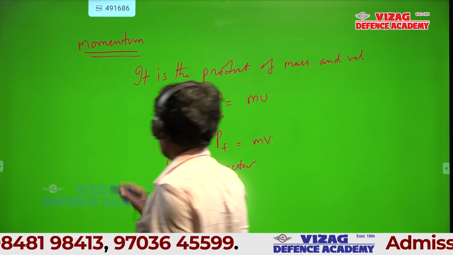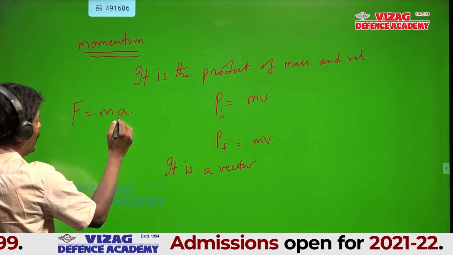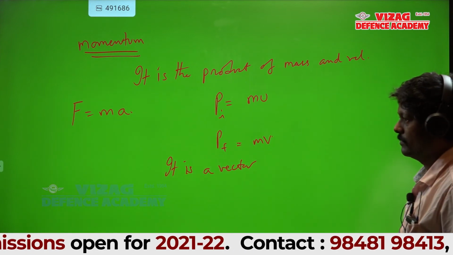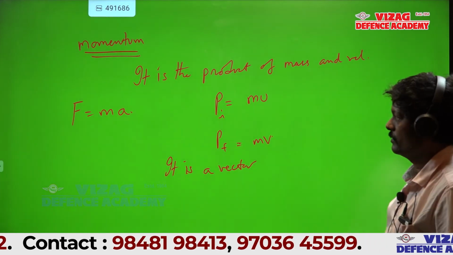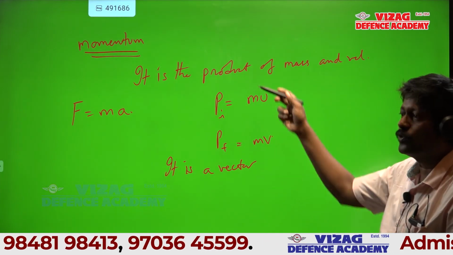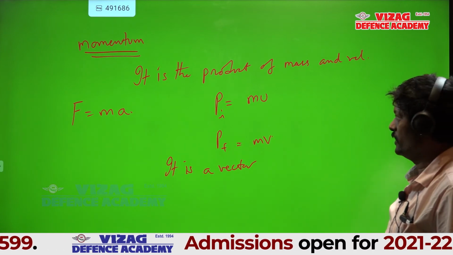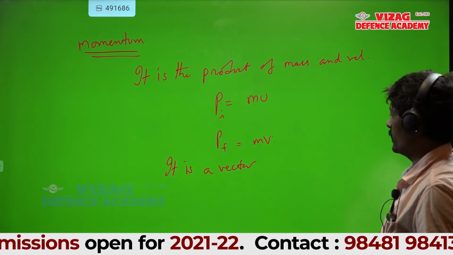For example, you see F equal to ma. Acceleration is vector or scalar? Vector, sir. So force is also a vector. So it is easy to find out in that way. So momentum is a vector.